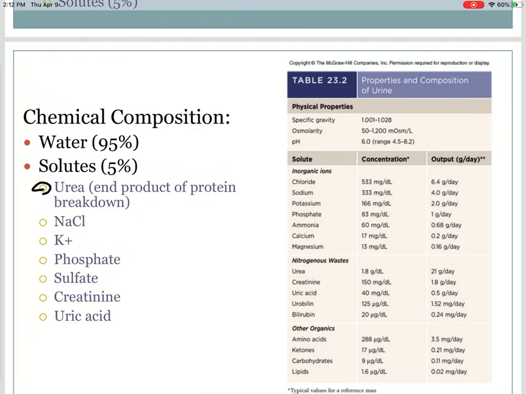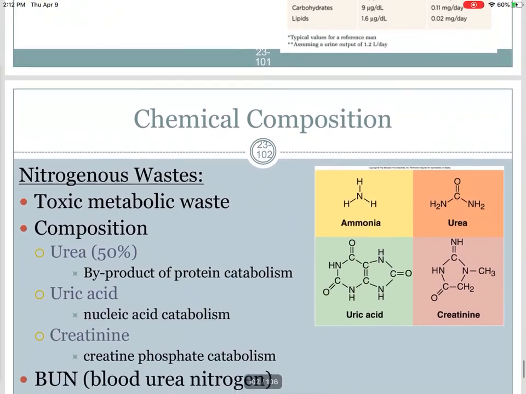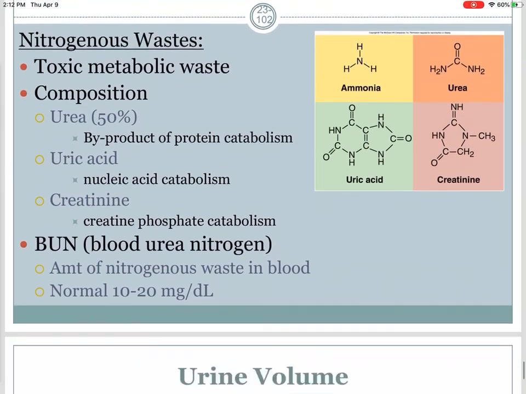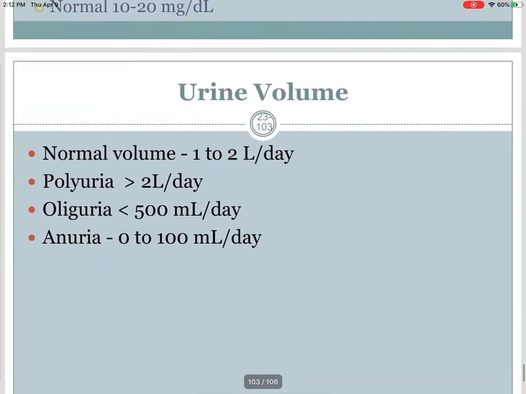We talked about in the last chapter on metabolism that proteins are kind of a pain in the butt because they have that nitrogen on them, and we've got to strip off that nitrogen, and in the process we often form urea, or we can form ammonia. Anyway, you should know that the highest amount of solute is urea, which is a protein breakdown product. The rest is all extra.